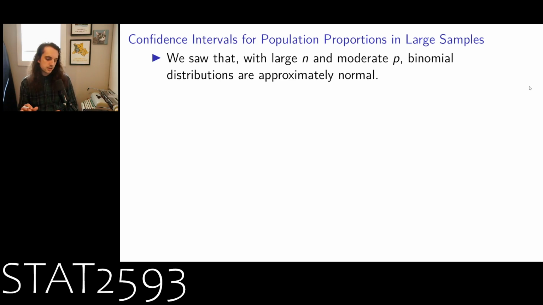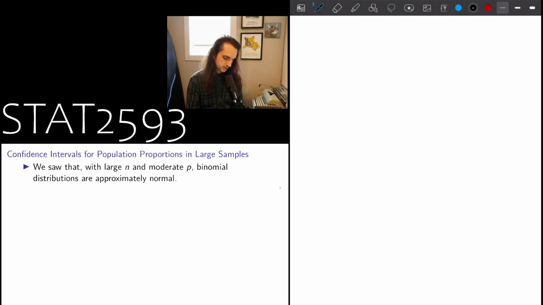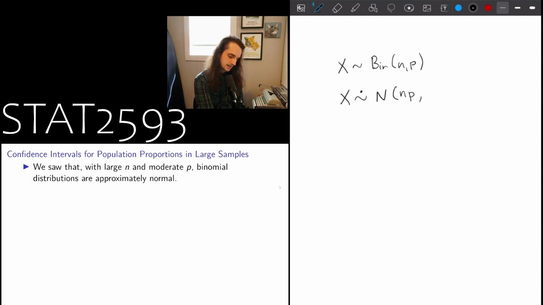Now, we can also think about what happens with the population proportion. I'll make the same sort of argument that we were just making. If we have the correct values for n and p, so n is large and p is around 0.5, then if x is distributed as binomial(n, p), then x is approximately distributed as a normal with mean n times p and variance n times p times 1 minus p.